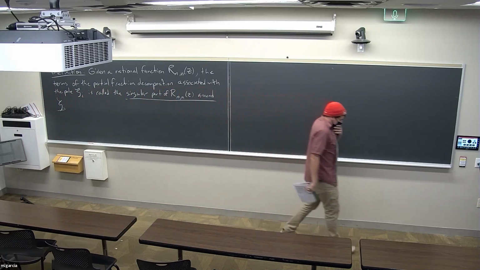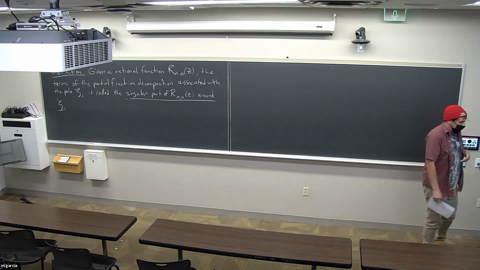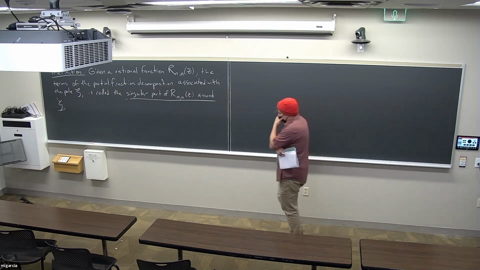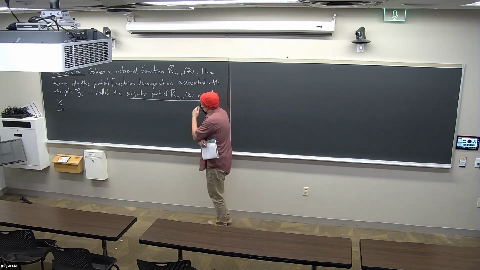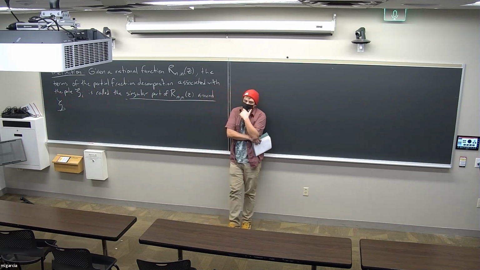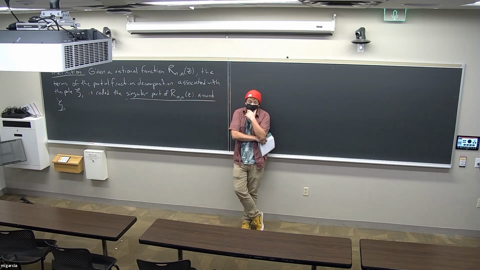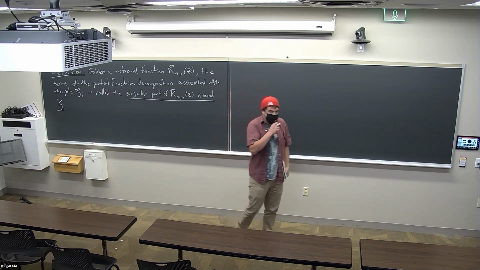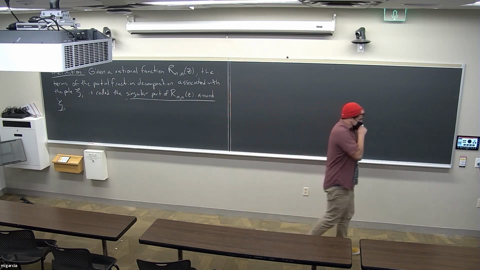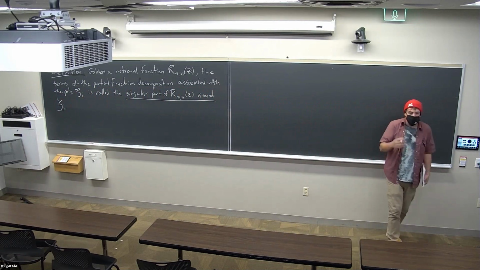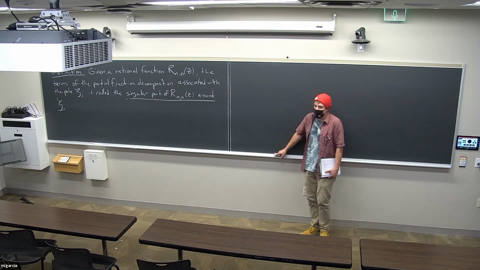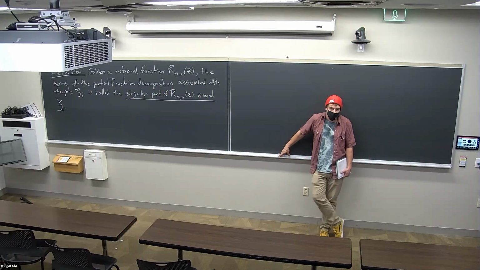So I told you a theorem on Friday, which was that every rational function where n is greater than m, that is to say the degree of the denominator is greater than the degree of the numerator, has a partial fraction decomposition. The proof of this we're not going to go through, because we haven't yet discussed Taylor expansions for complex functions.